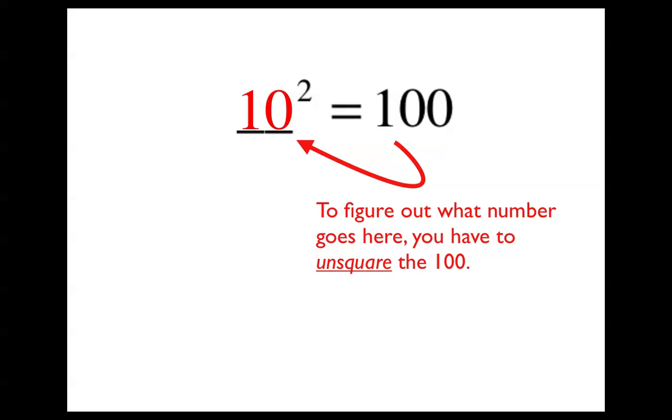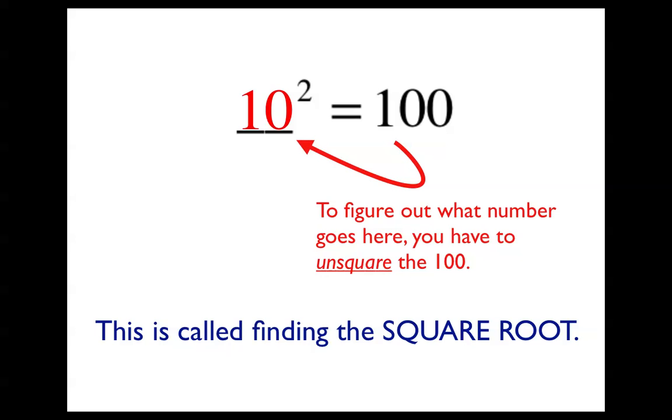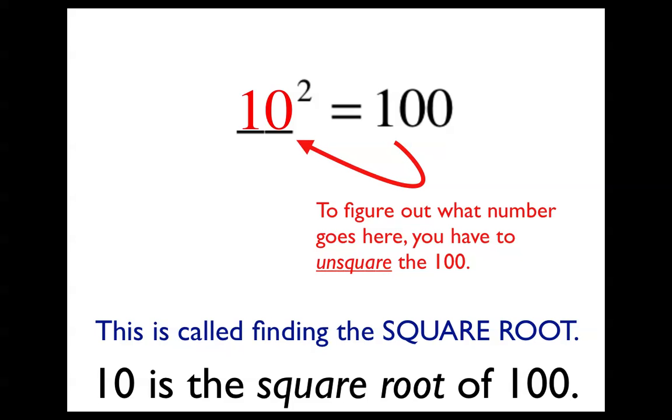That's not too difficult. But what you just basically did is unsquared the 100, because you needed a number times itself that made 100. And when you unsquare a number like that, you just found what's called a square root. Okay, so a square root is when you unsquare something, and 10 is the square root of 100.